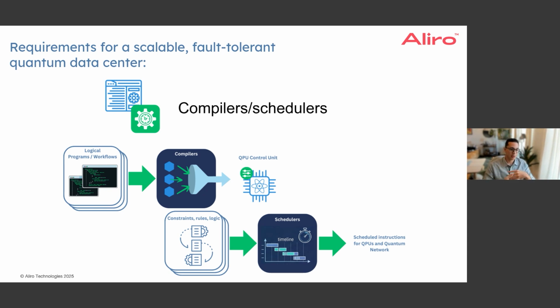And these schedulers that play a role in the data center, they're responsible for managing and scheduling all the instructions, not only for the QPUs themselves, but also the quantum network, right? And so we need to be able to coordinate not just the operations on a single QPU, but in coordination with the other QPUs that may be playing a role in carrying out this high-level algorithm.